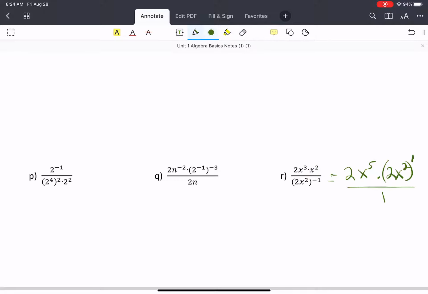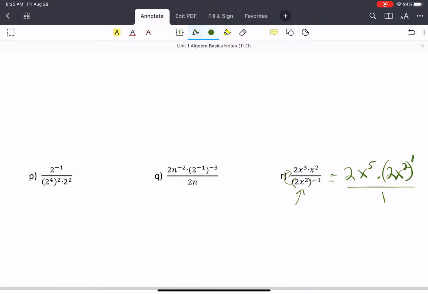How are we doing? I want to stop here. Are there questions so far? Which part? The 2x to the 5th or the 2x squared to the 1st? Notice how here on the bottom, all of this is in parentheses to a negative 1. So if I want it to become a positive 1, then I have to move this and flip it.